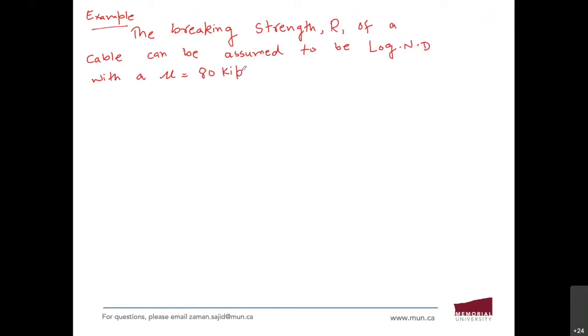This is the unit for the force indicating kilopound, and standard deviation of 20 kip. KIP is the unit of your force, the kilopound.